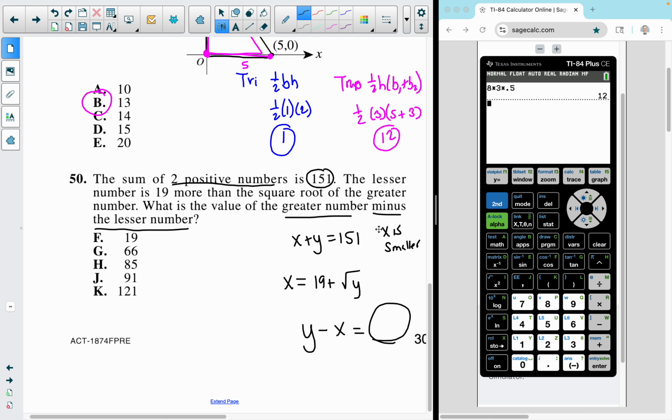We have to figure out a way to determine what x and y are, and I'm going to use guess and check here instead of trying to do some math.